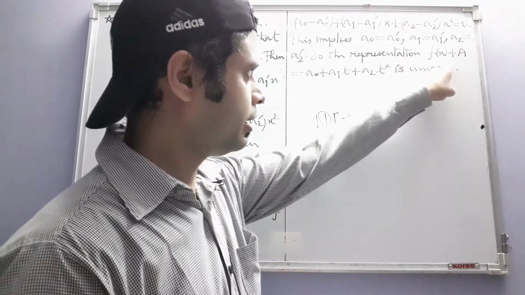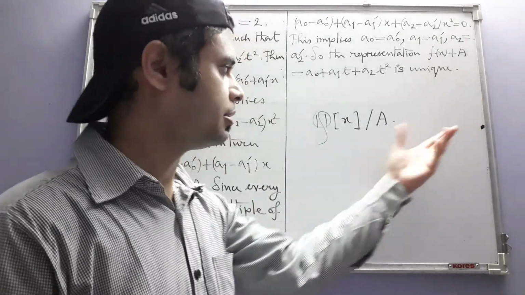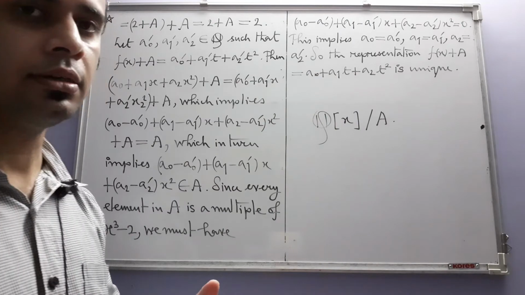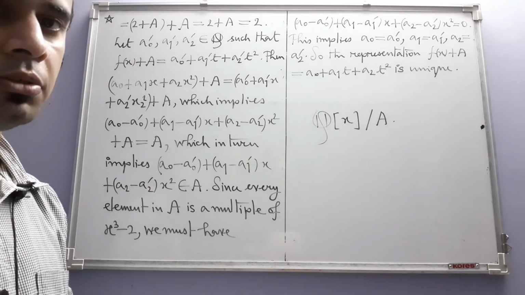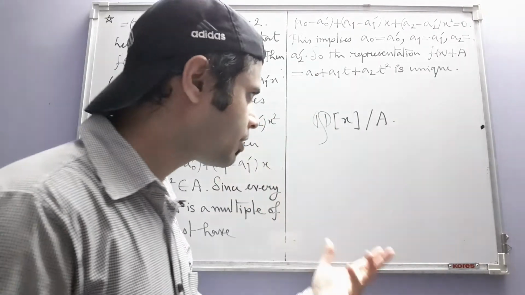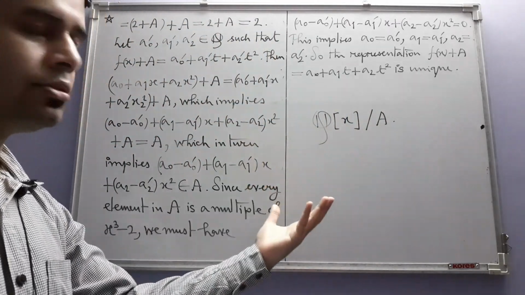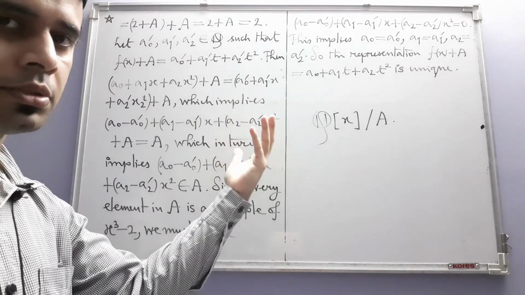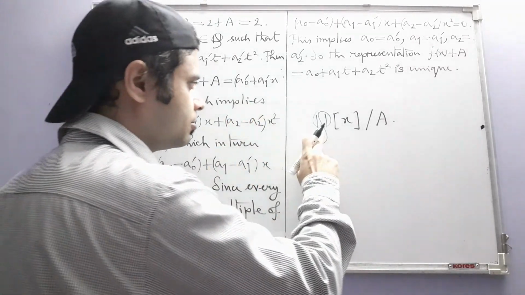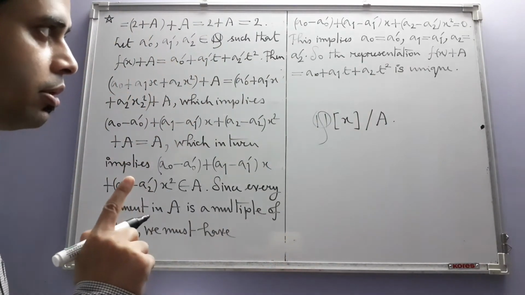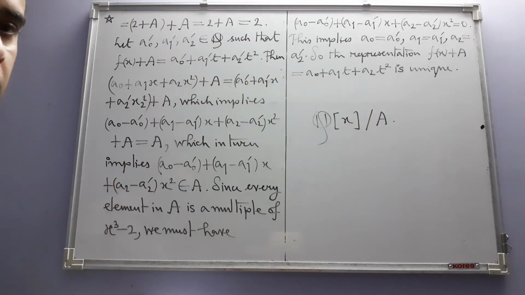We have expressed a general element in this ring in a somewhat easier to understand form, in a more manageable form. That's what we have done. We have not used the fact that this is a field. So you can either use the previous theorems from ring theory to conclude that this is a field because there is a maximal polynomial, or you can try to directly show that this is a field, and that is the next thing we are going to do.